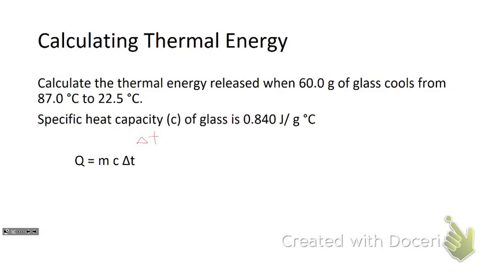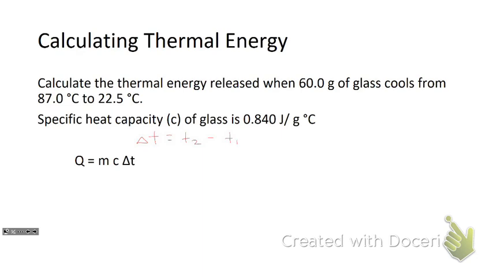Okay, so this question here, we're given the change in temperature, and we're just trying to find Q again. But I just want us to be careful with our change in temperature, okay? So anytime you're calculating the change in something, you're going to subtract the first temperature from the second temperature.